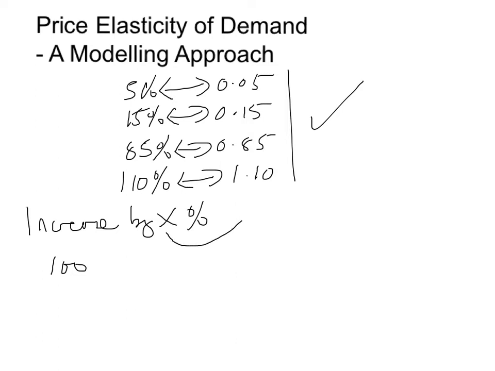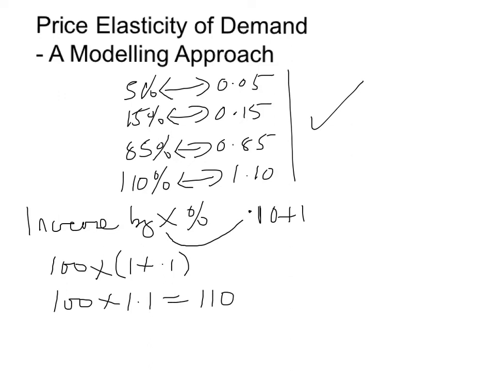We take that 10% and convert it into a decimal format, which is 0.10, and then we add that to 1. So this is what I'm talking about, 1 plus 0.1. And what we end up with is 110.